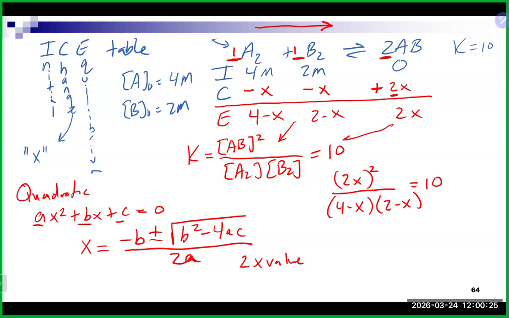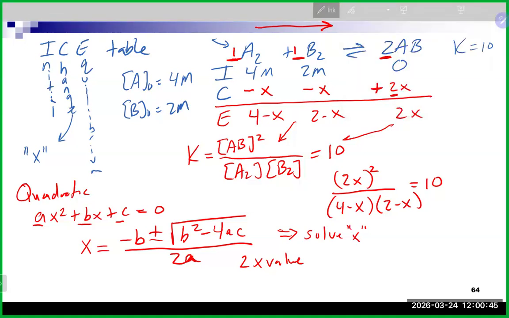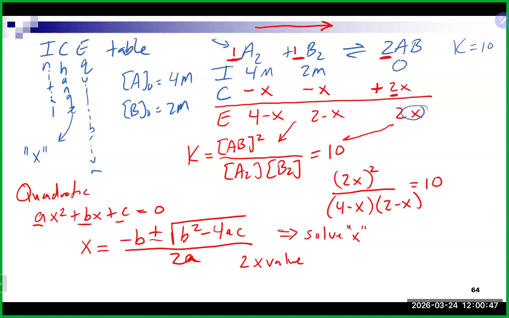But how do we know what will happen? Obviously, here we would go and solve for x. And again, this is one way in which you could solve for x. There are other ways, but this is one way that you can do it. Once we solve for x, the x value that we get is all these x values in this table.